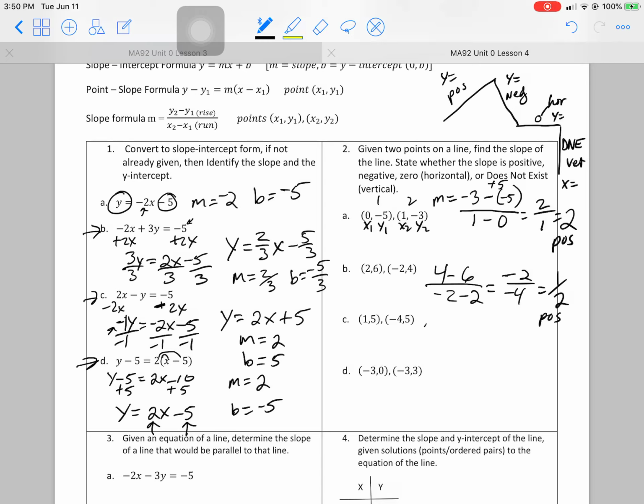All right, this one would be 5 minus 5 over negative 4 minus 1. 5 minus 5 is 0. Negative 4 plus a negative 1 is negative 5. That is an actual 0, so that's a flat across horizontal line. So that's a 0 slope. By the way, that's m equals 0 for a 0 slope.